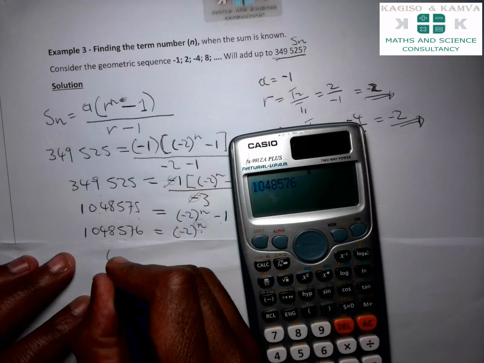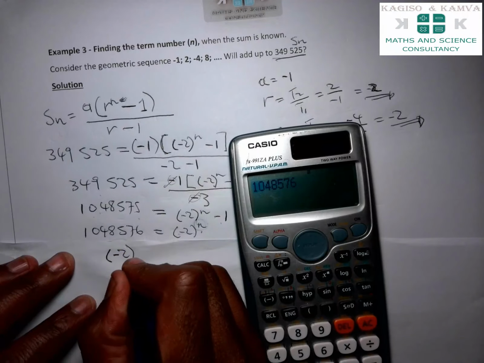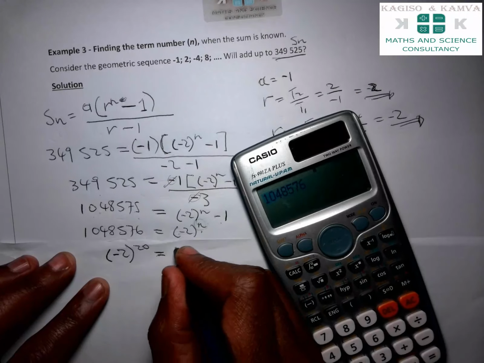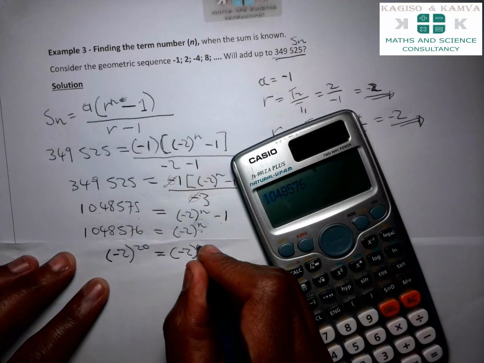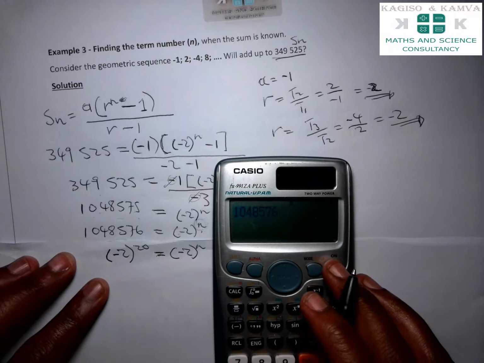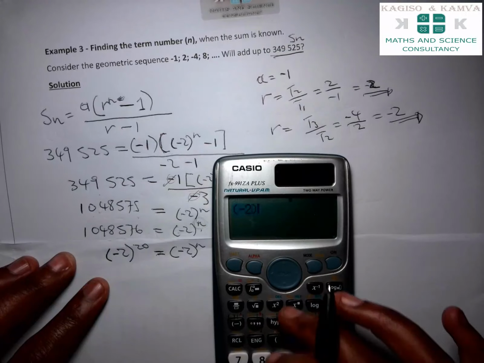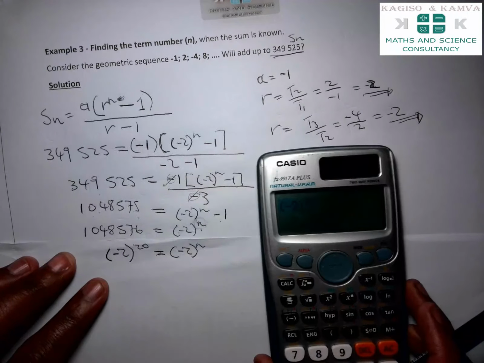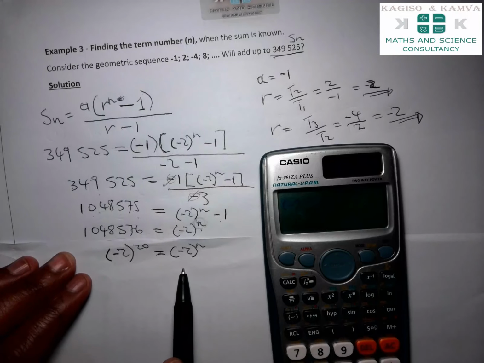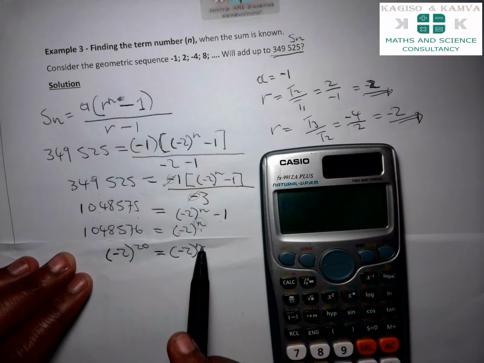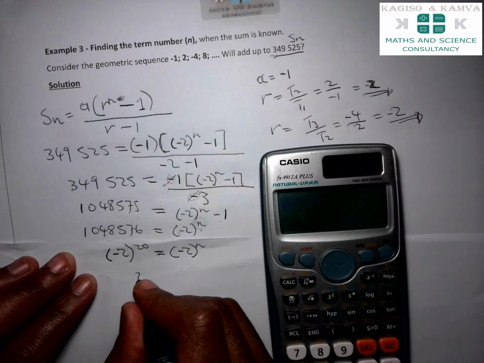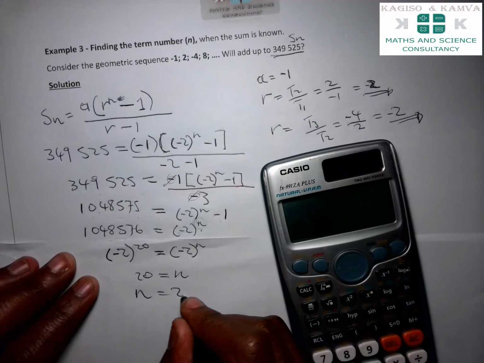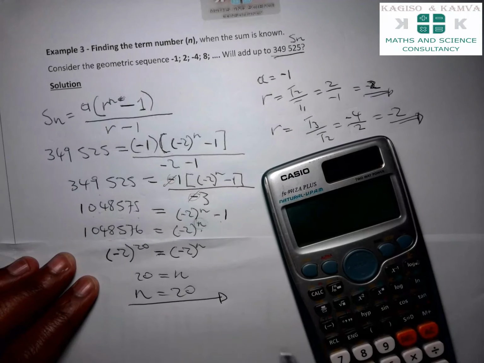We're going to say this is going to be (-2) inside a bracket to the exponent 20, which is equal to -2 to the exponent n. Let us check that. -2 to the exponent 20, what do we get? We get that. So this is going to work to our advantage. When the bases are the same, we can simply equate the exponents. So n is equal to 20.